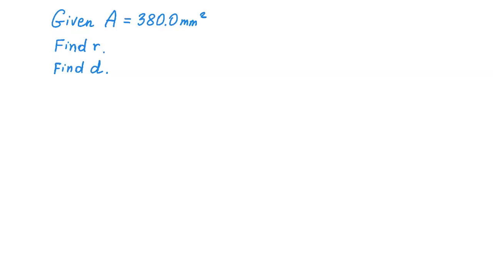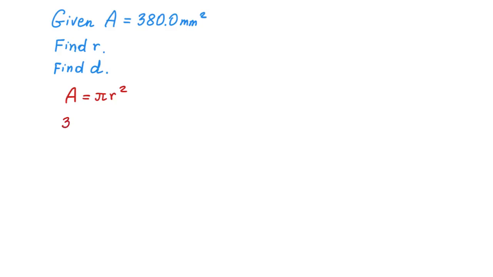In this exercise, we are given the area of a circle, and the area is 380 millimeters squared. We have to find the radius and the diameter of this circle. We know that the formula for the area of a circle is A equals pi r squared. To find r, we can replace A with 380 and solve for r.